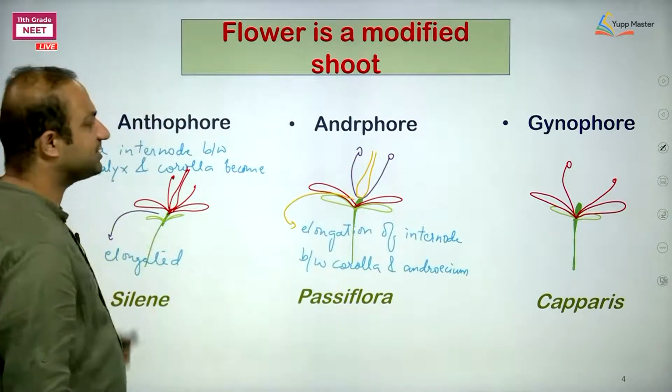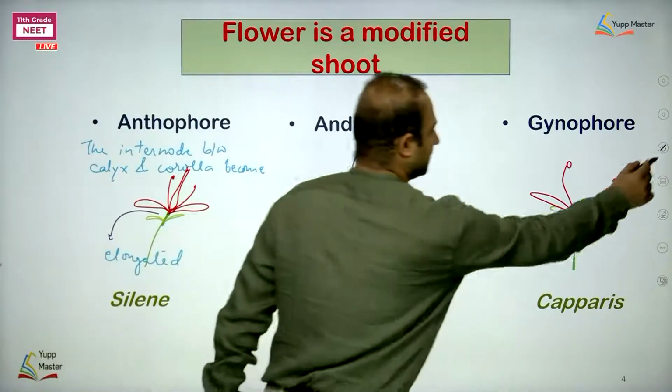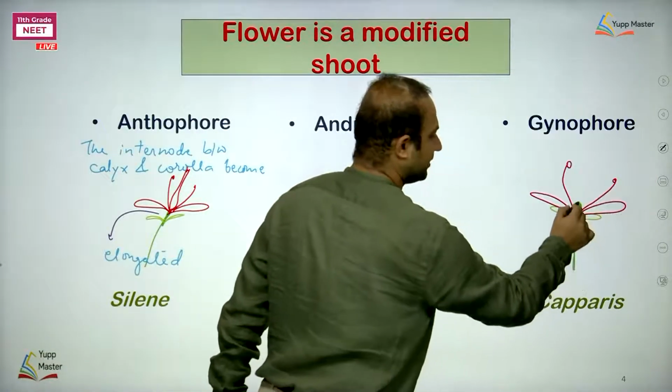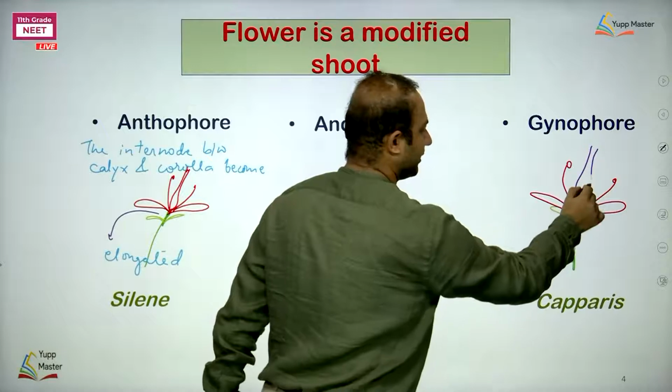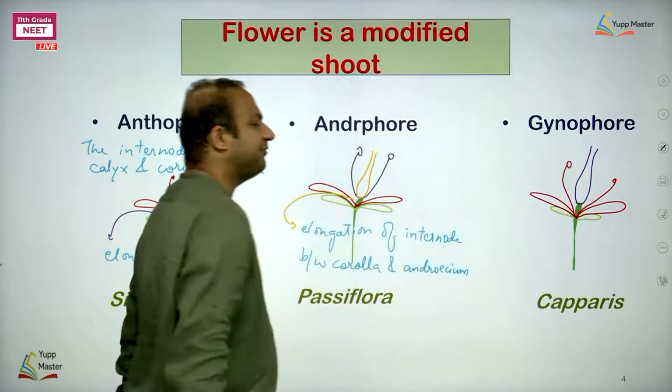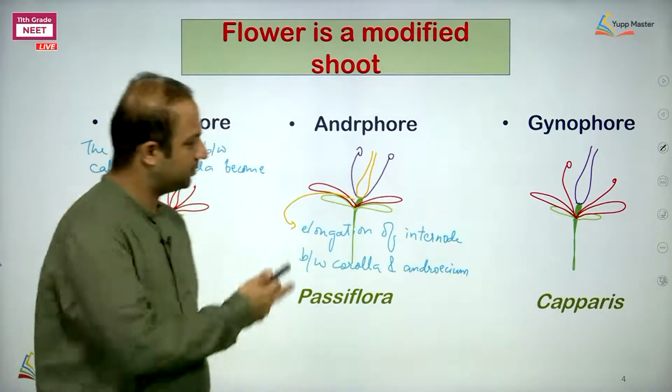But the gynoecium is a bit raised, or you can say a little bit away, and is easily identified as coming from the other node.